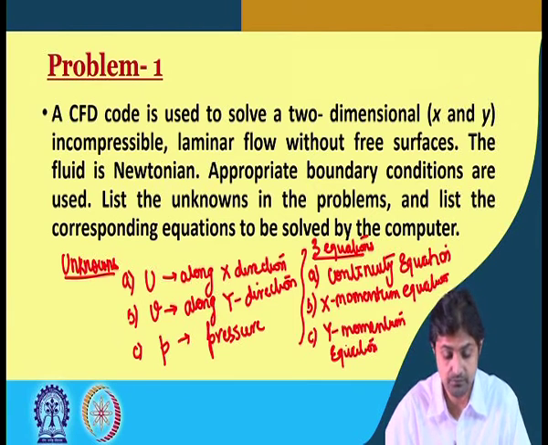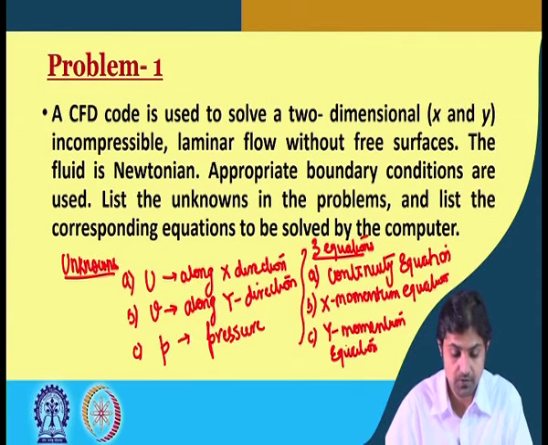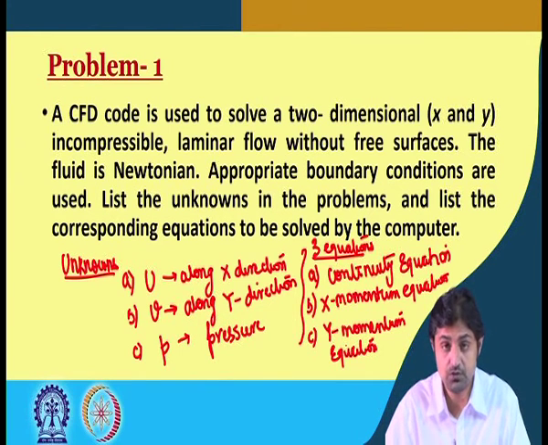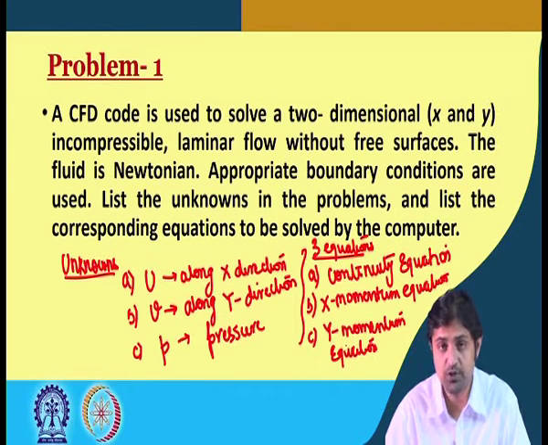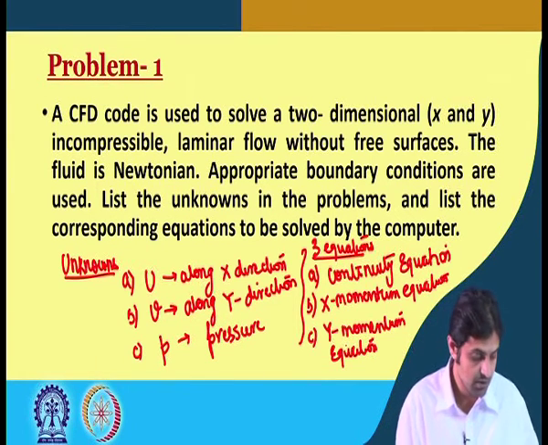All right. So this was quite simple to imagine or guess that in 2 dimensions only the 2 velocities and the pressure are going to be the unknowns, and therefore to solve we just need the 3 equations: continuity, x momentum and y momentum equations.